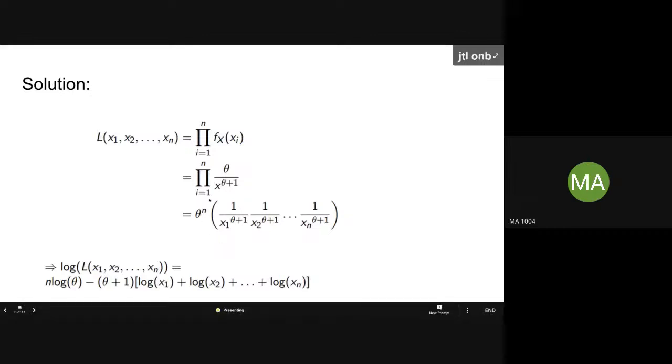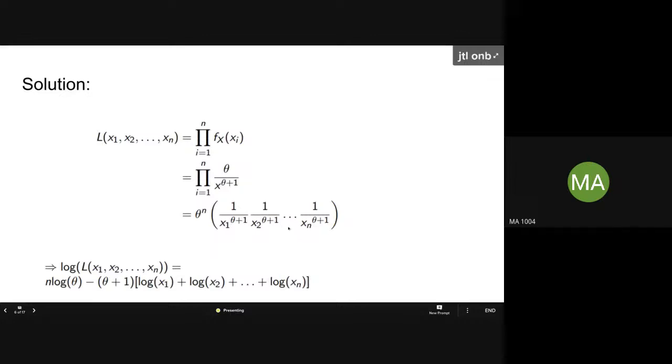Now, log a to the power b to the base e, you can write as b times log a. So here you can write log theta power n as n log theta. Now the denominator will go to the minus of log side. So this will be minus. The denominator, if you observe, is x1 times x2 times xn whole to the power theta plus 1.